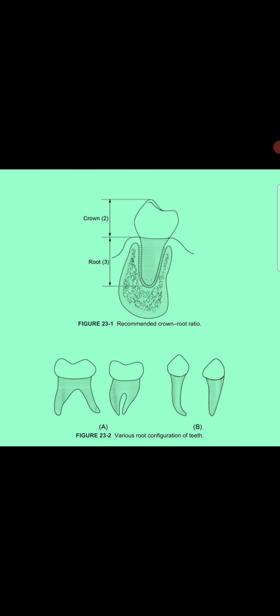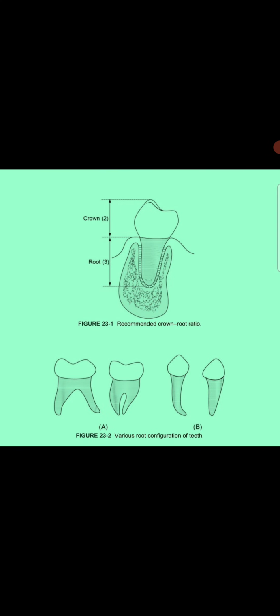Now in posterior teeth, the tooth with divergent roots is a good abutment, because between these divergent roots there will be bone, and the tooth with convergent roots is not as good an abutment.